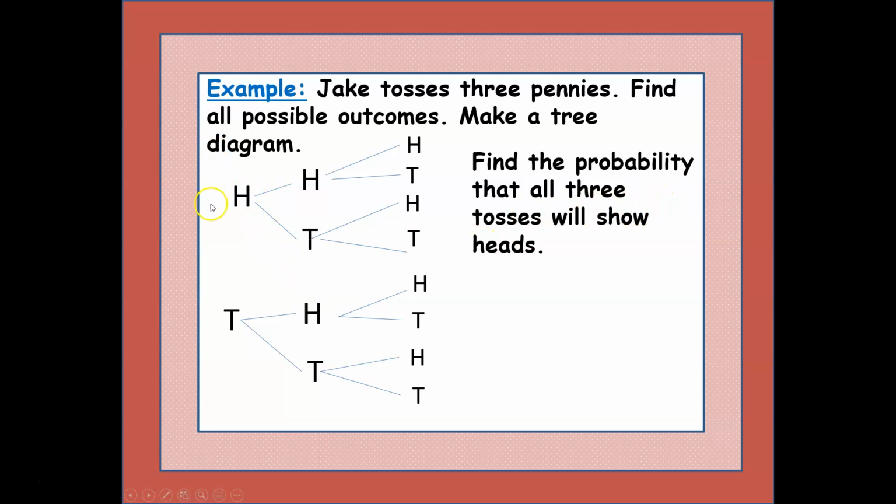So we're going to look for heads, heads, heads. So you can see that that only happens right here. So it only happens this one time out of our total number of outcomes, which we counted 8 total outcomes. So our probability would be 1/8.